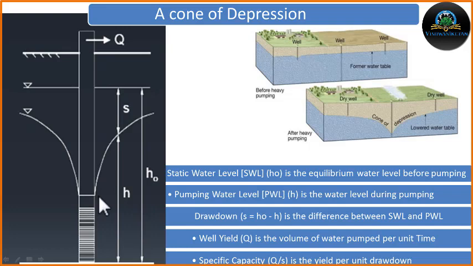We can give one example. If a coarse grained, well sorted rock is here, then this curve will be more gentle, while the area of influence, this is the area of influence from where this curve begins to draw, will be more, but this curve will be less pronounced.